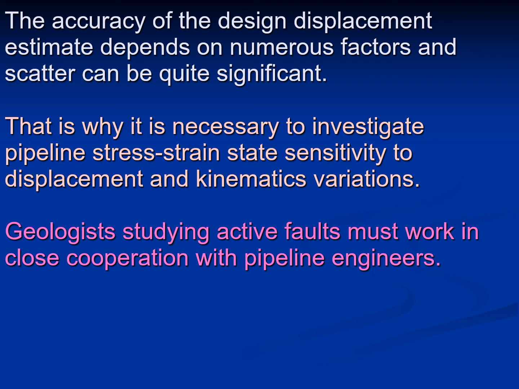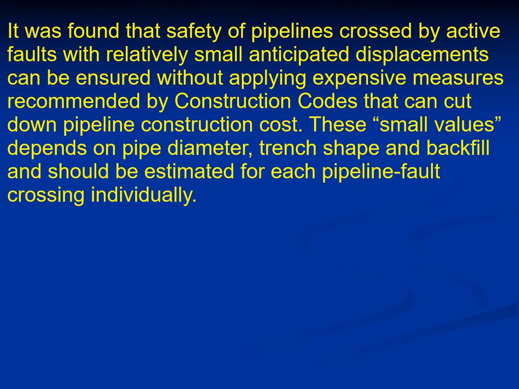Geologists studying active faults must work in close cooperation with pipeline engineers from the beginning of the project. It was found that the safety of pipelines crossed by active faults with relatively small anticipated displacements can be ensured even without applying expensive measures recommended by construction codes, which can cut down pipeline construction cost.